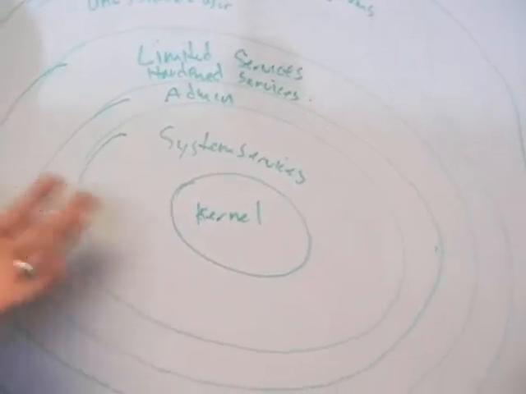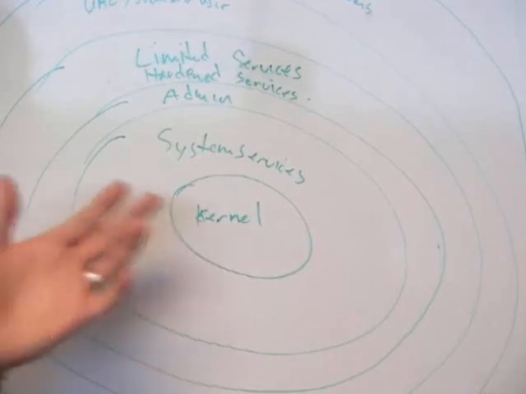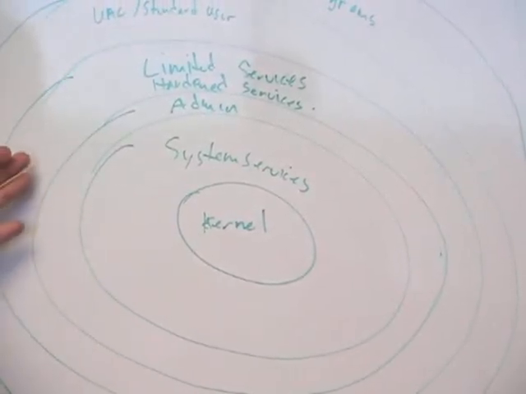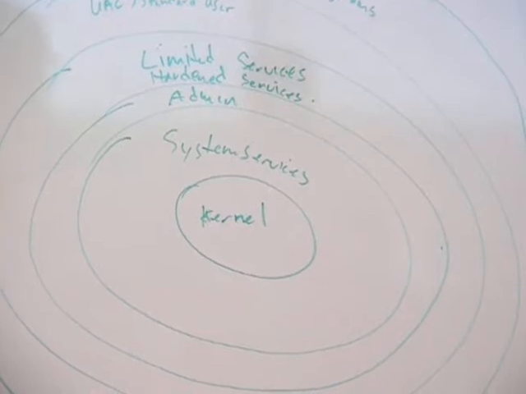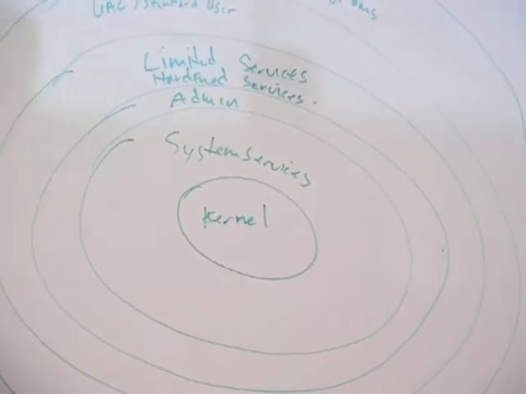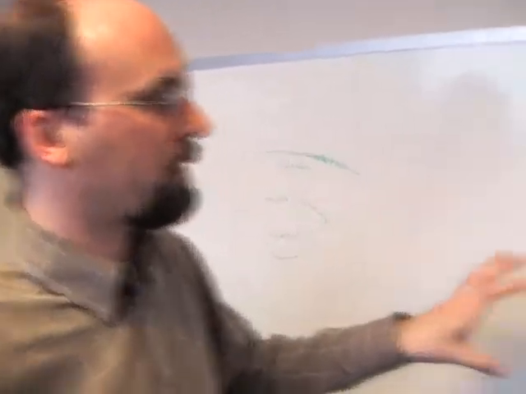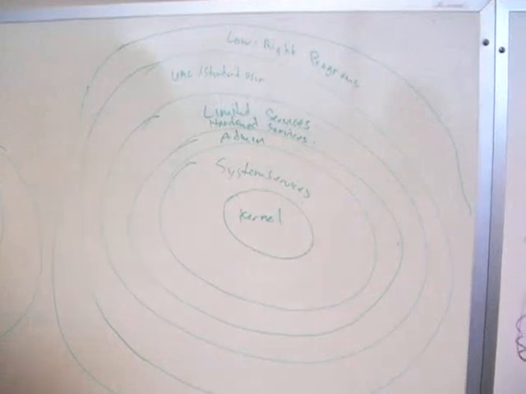Code running as admin can still potentially penetrate system services and the kernel. Then we move into the three new layers here. If you look at the percentage of code that was running with full privilege level pre-Vista versus Vista, there's been a very dramatic shift.